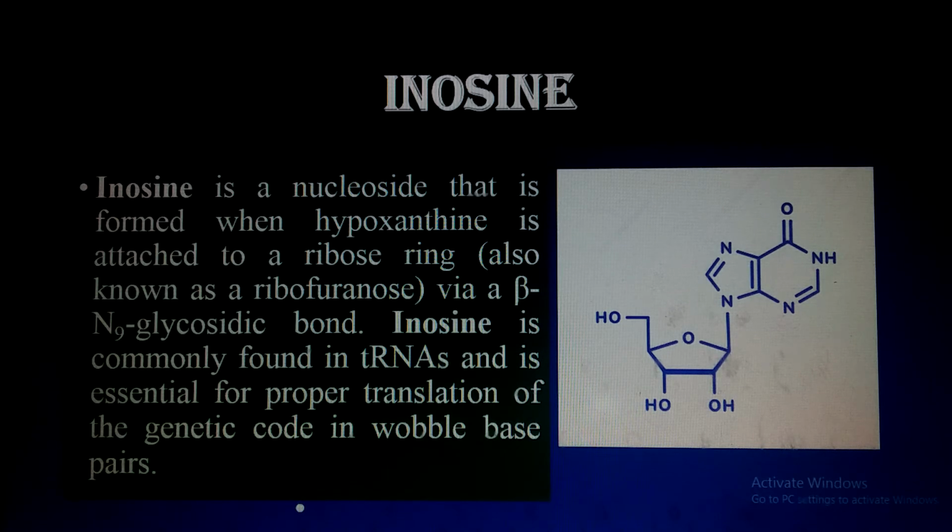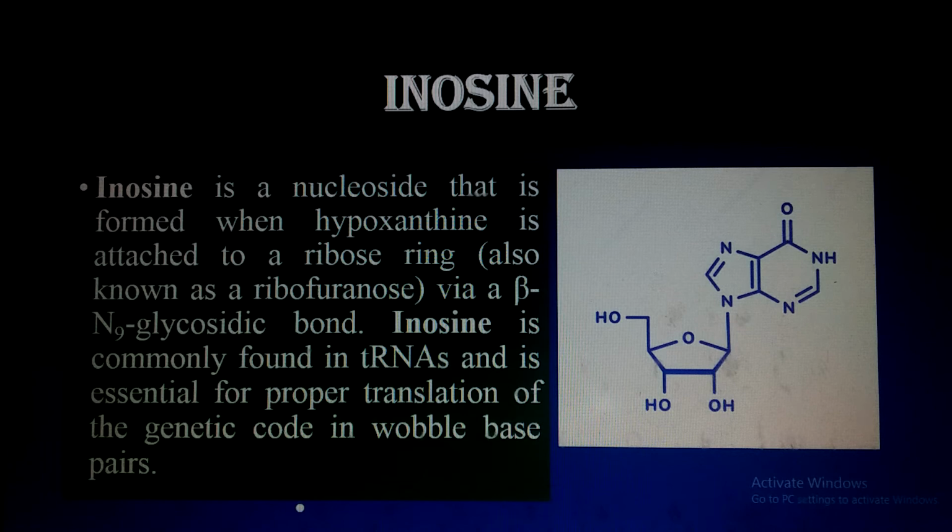In this case, the nucleoside inosine is formed when the hypoxanthine is attached to the ribose ring, also known as ribofuranose. The bond between the hypoxanthine and the ribose is the beta N9 glycosidic bond. Beta N9 glycosidic bond. Is it clear? Do you have the concept of glycosidic bond? If you don't have the concept, must watch my lecture related to that.